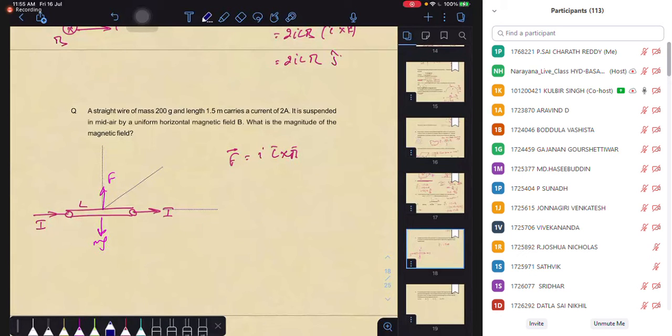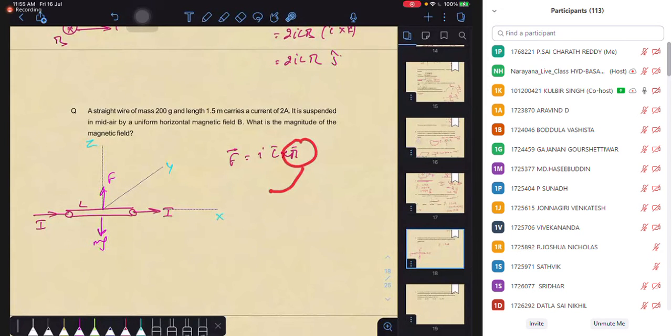So to get the force in the upward direction, where should I put the magnetic field? We have current in the x direction. Here is my current, let's say this one is y, this one is z. The magnetic field must have a component perpendicular to the current.